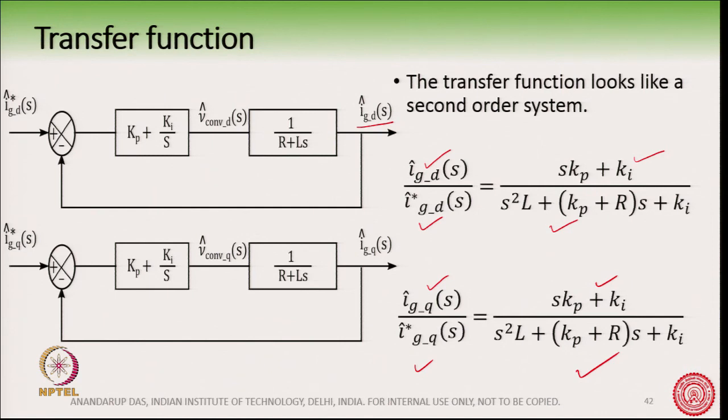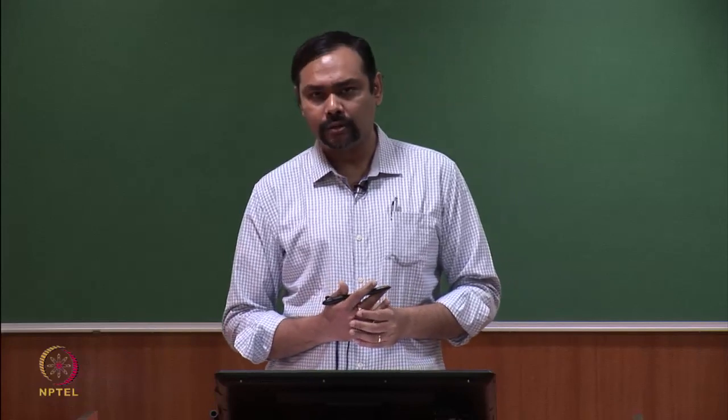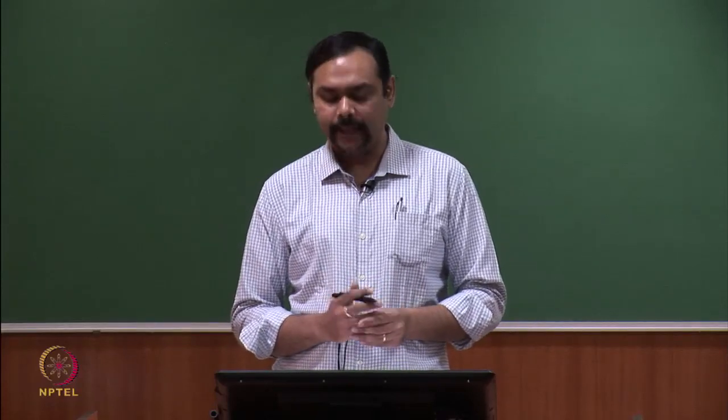Of course, you can extend this analysis to other types of systems, like an LCL filter. If you have an LCL filter instead of an L filter, the equations become a little more elaborate, but the philosophy remains essentially the same. So, here we conclude.